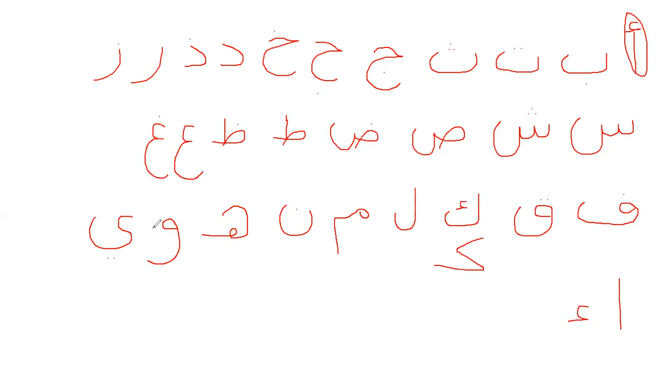So they either put it here or they add it here because this is a sound. This is what we call a glottal stop. This is not a glottal stop. But if this goes on top of here, it becomes a glottal stop. So I'll explain more about this in another video.